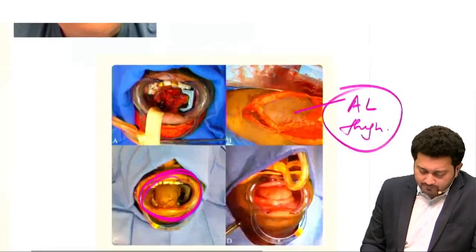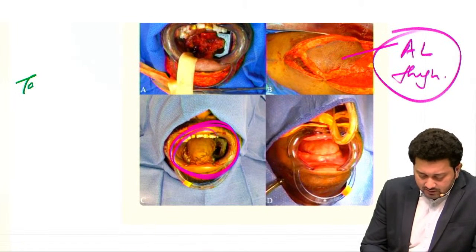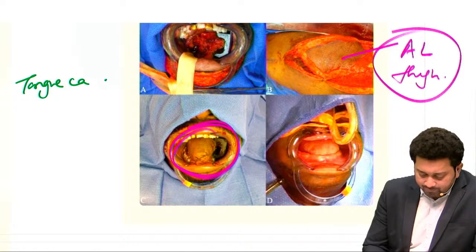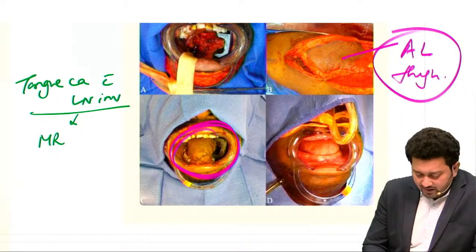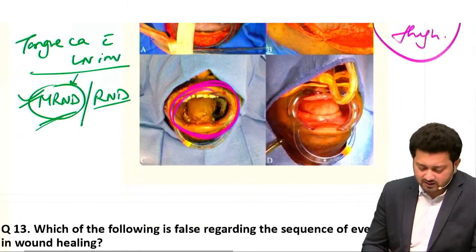Okay, and suppose tongue cancer with lymph node involvement, you go for modified radical neck dissection. This is most common, although you can go for radical neck dissection also, but mostly people go for modified radical.